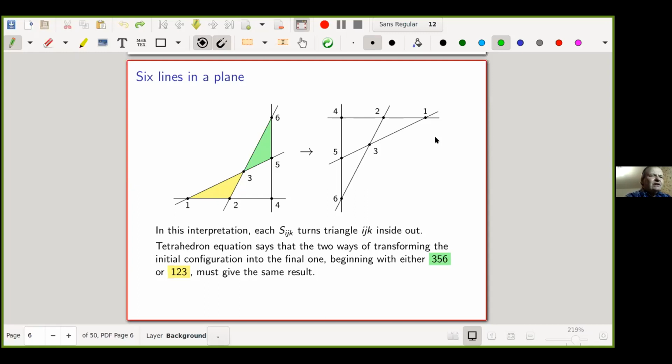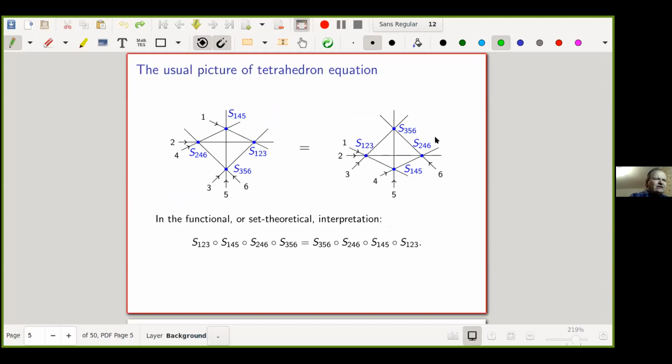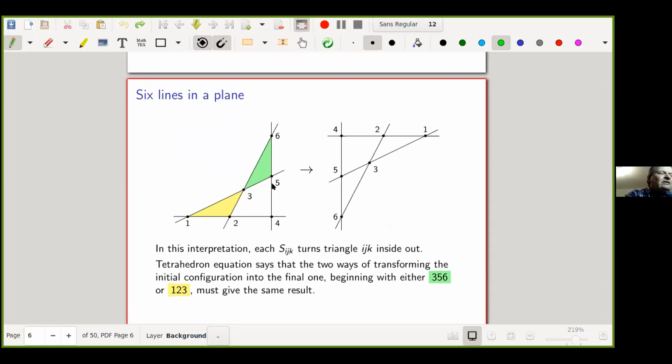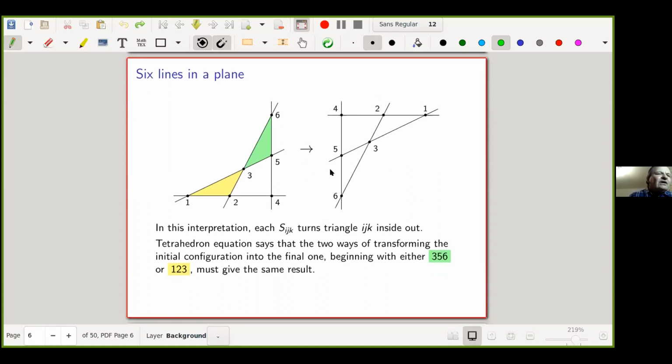For instance, one way that corresponds to the left-hand side of this picture: here the triangle 3, 5, 6 is the first one to be turned inside out.